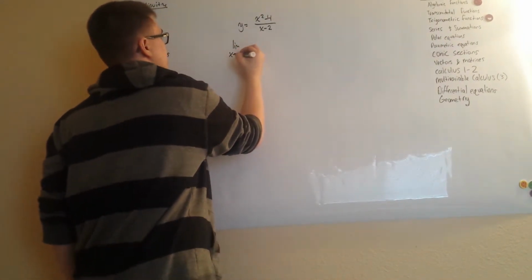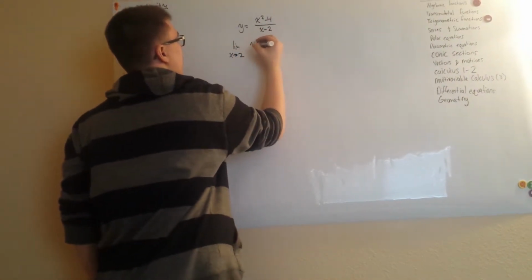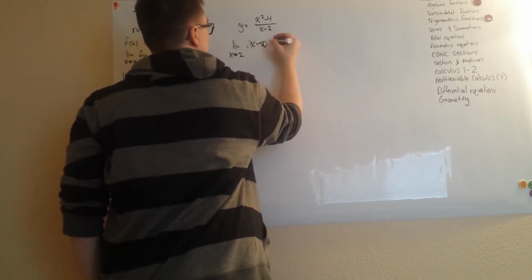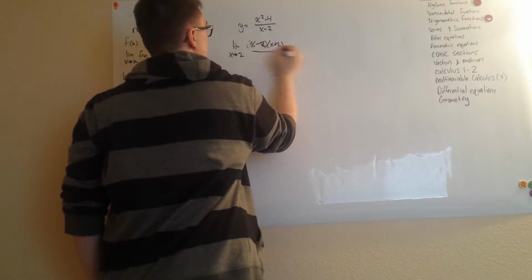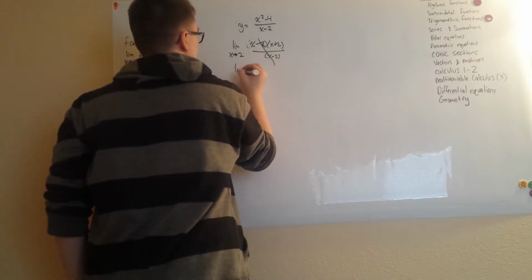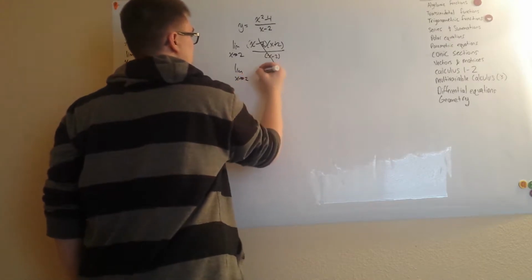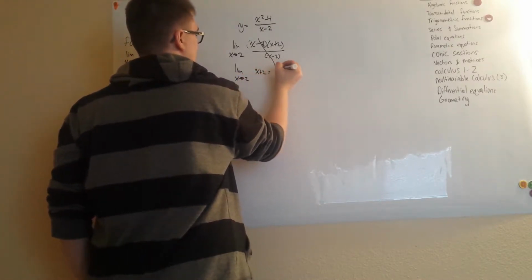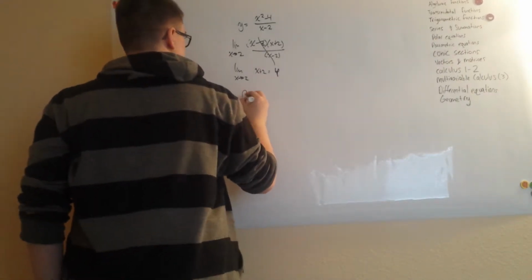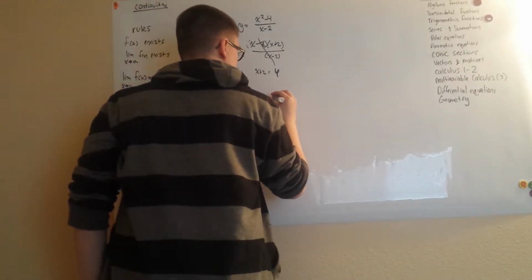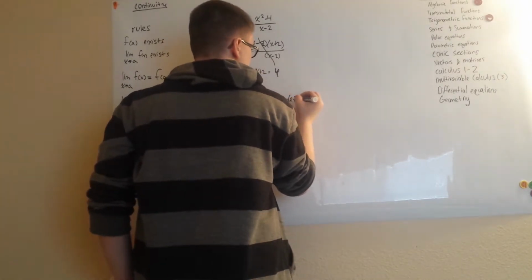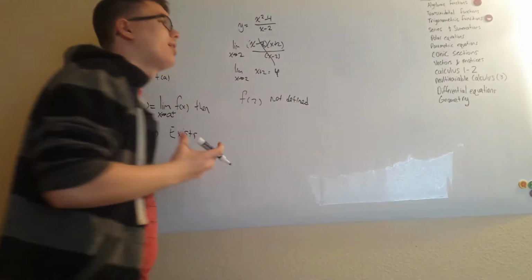Well, we can take the limit and it equals 4. Okay, does f of 2 exist? Not defined. So the function is not continuous at 2.